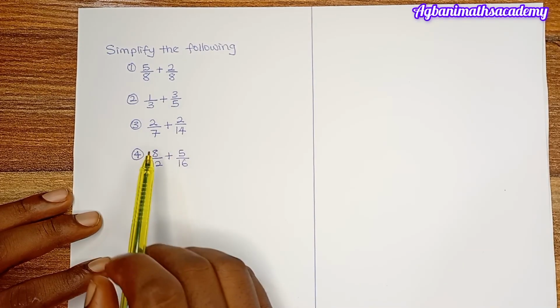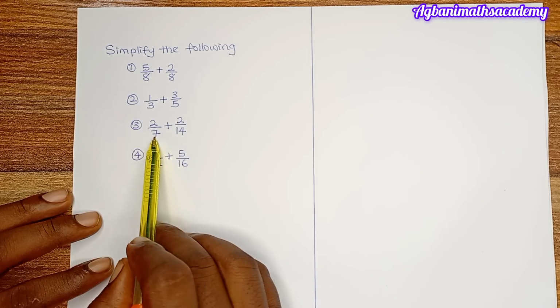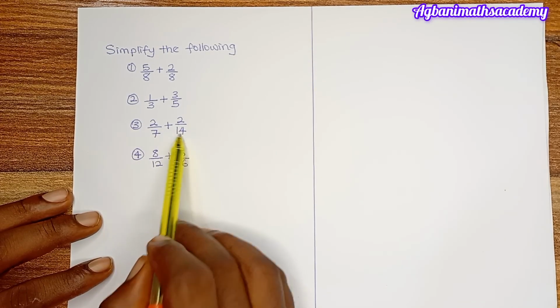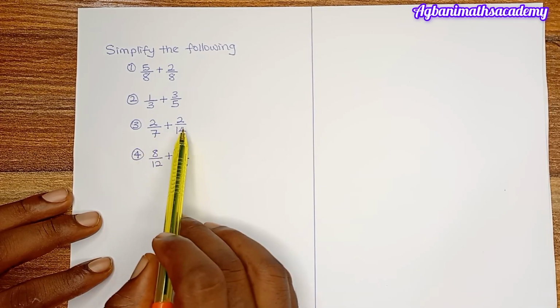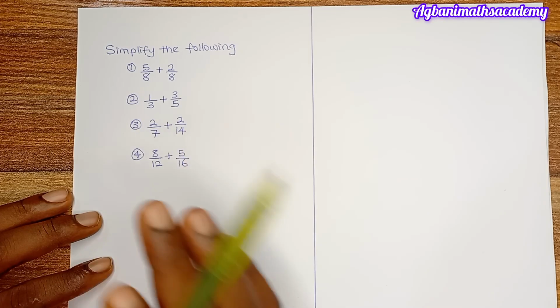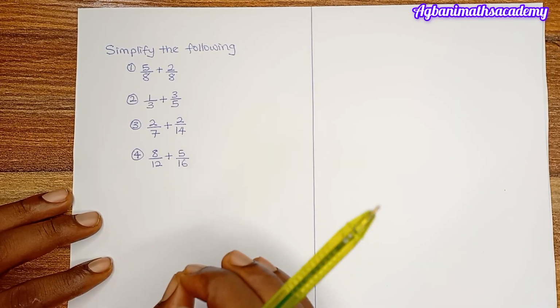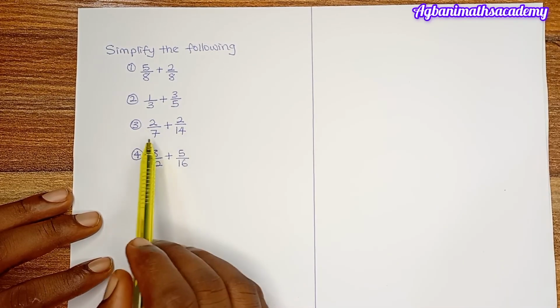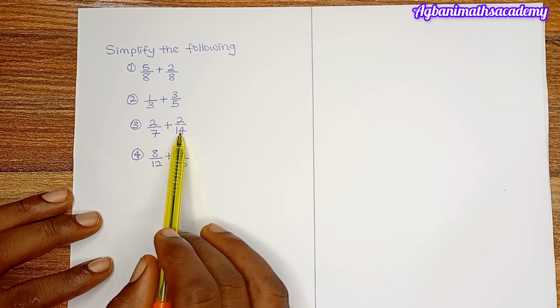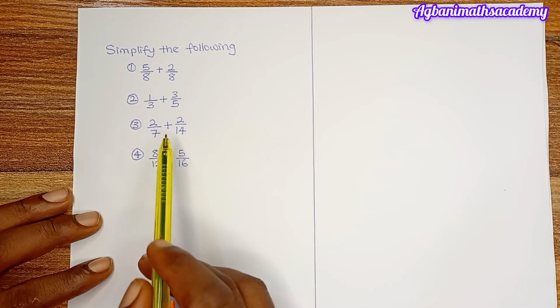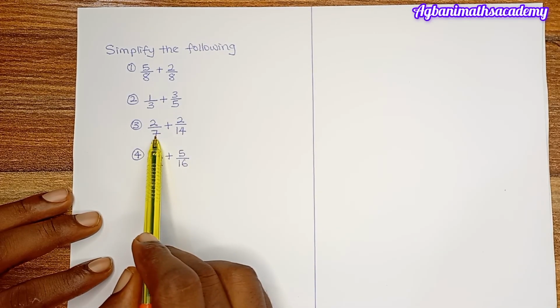The next set of fractions, we have 7 and 14. 7 is less than 10, 14 is more than 10. But that is not what we are looking at for this particular question. What we are looking at is 7 is a factor of 14, or 14 is a multiple of 7.